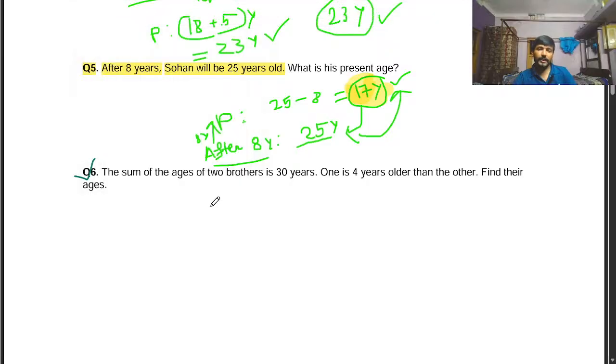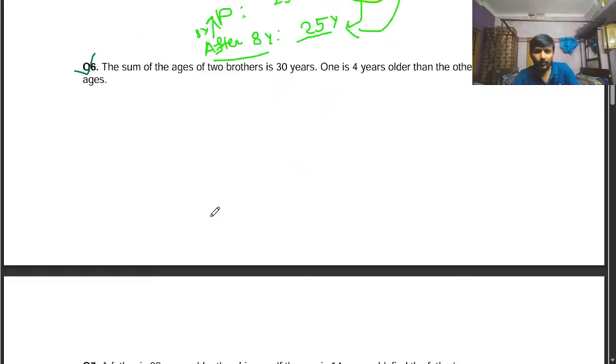Question number 6. Sum of ages of two brothers is 30 years. One is 4 years older than the other.